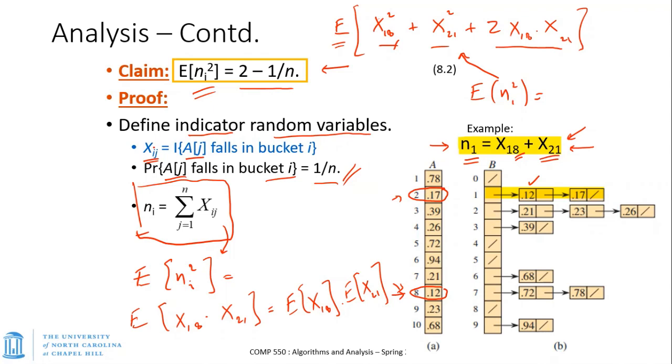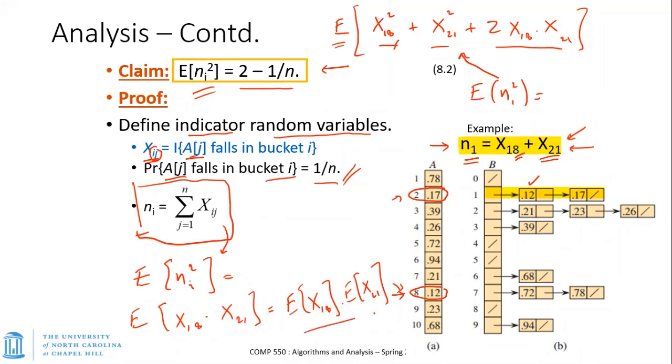If you look at this, xij is the probability that A sub j falls in bucket i. So when you say x18, it's the event that A8 falls in bucket 1, not 18. That's how they defined it. You could define it the other way around, but that's how they're defining it.